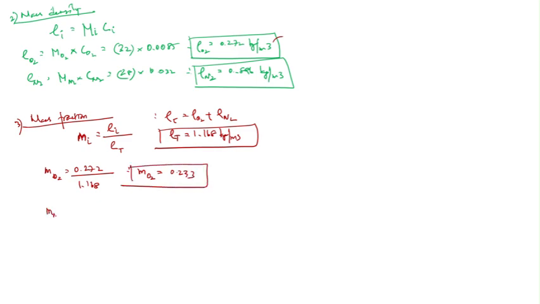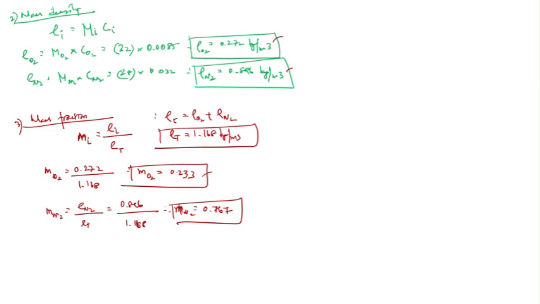Similarly, for mass fraction of N2, rho of N2 divided by rho of total, that is 0.896 divided by 1.168. From that, we are getting mass fraction of N2 equal to 0.767. So for oxygen it is 0.233, and for nitrogen you are getting 0.767.